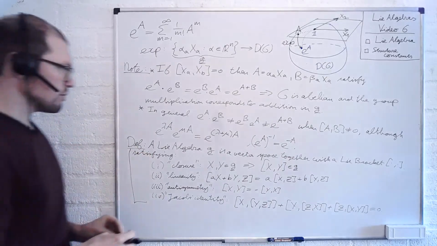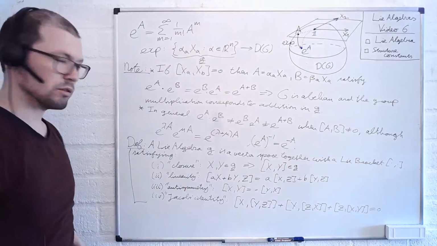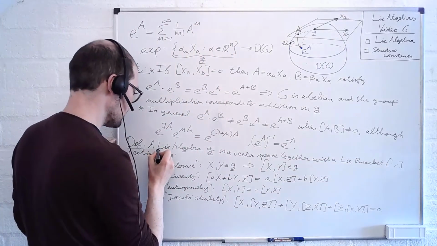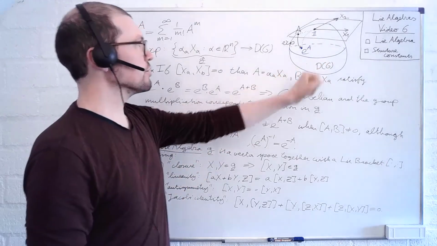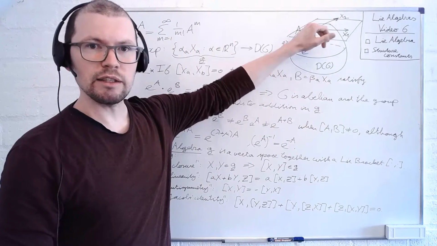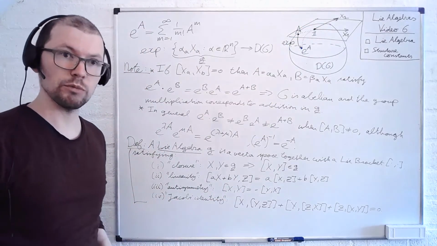So whenever I have a vector space G together with such a bracket satisfying these properties, I call it a Lie algebra. And now the claim is that naturally, whenever I have a Lie group, then the tangent space at the identity has such a Lie bracket satisfying these properties.